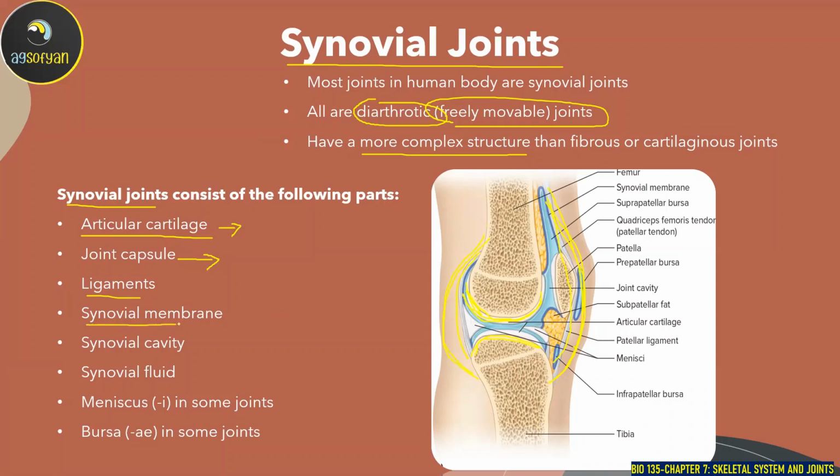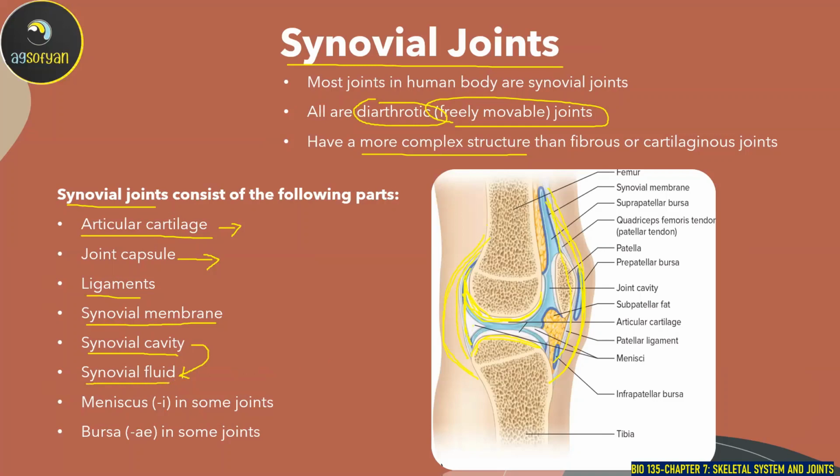The synovial membrane is the part of the joint capsule that is located inside. This is actually the inner membrane of the capsule. This is what we call the synovial cavity. This synovial cavity produces a fluid, and that fluid is called the synovial fluid.